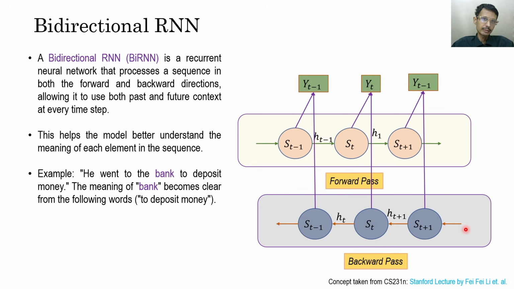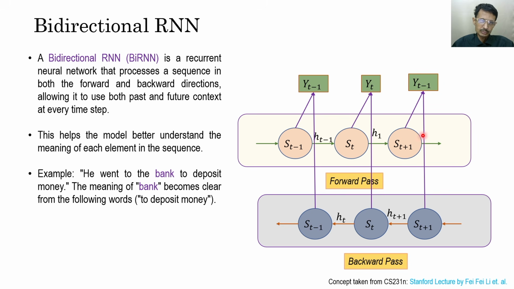Another variant of RNN is called bidirectional RNN. As of now, what we have seen is that RNN works from left to right, with the direction of time 1, 2, 3, 4.